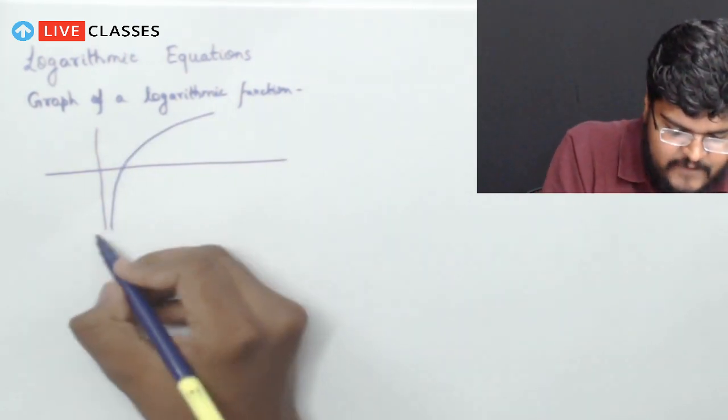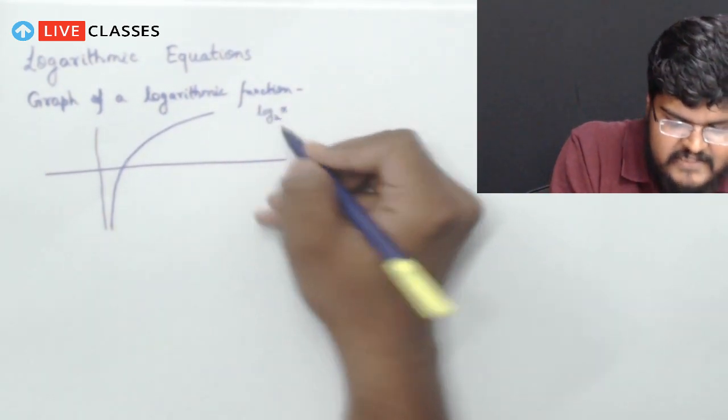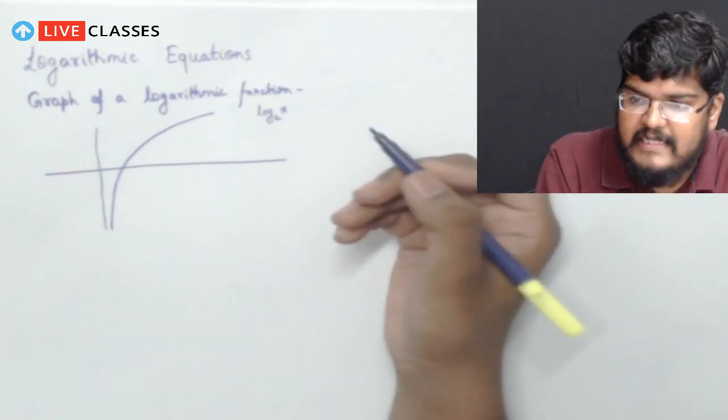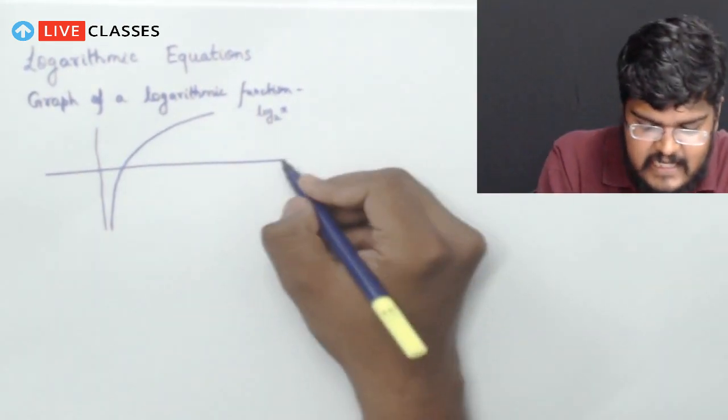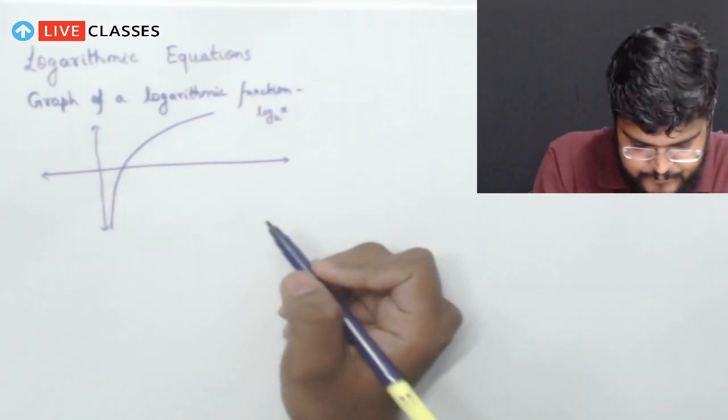So it starts from negative infinity. I'm talking about the graph of log of x with base 2. You can also take the base as 10. It will just change the coordinates by some values, and the shape of the graphs will actually be the same.